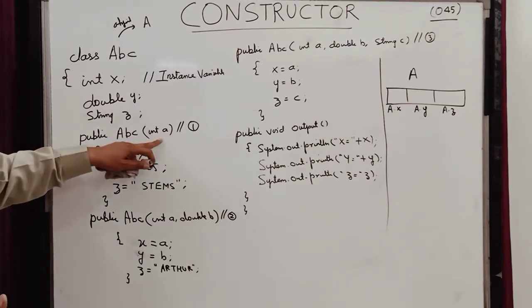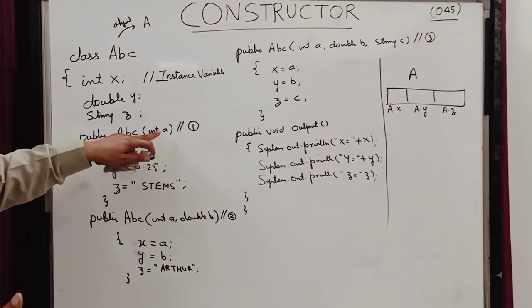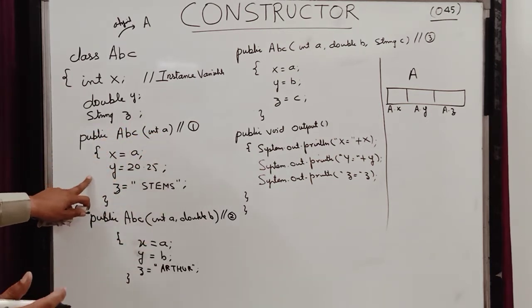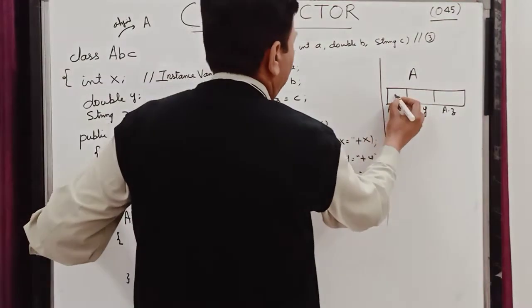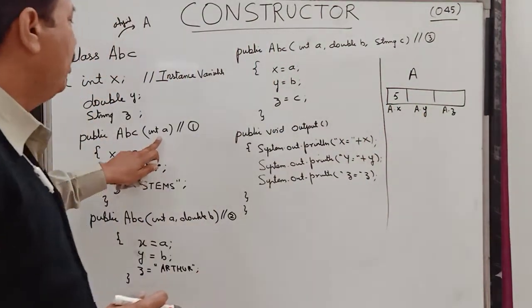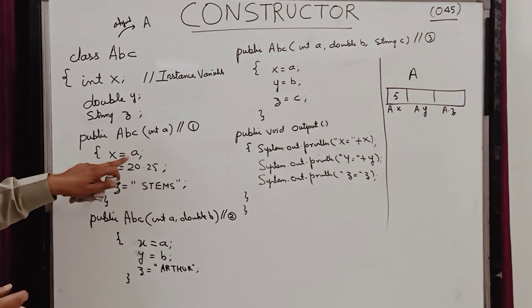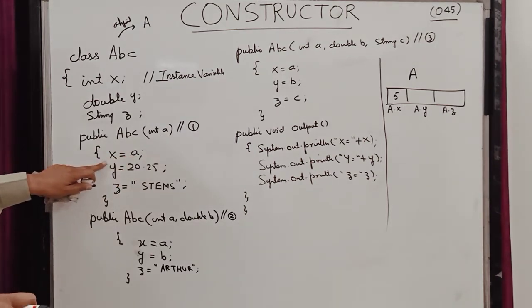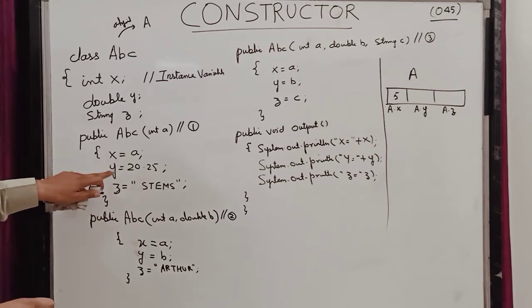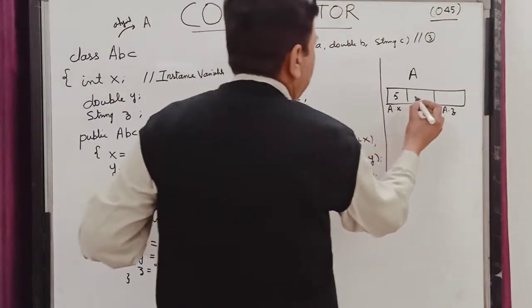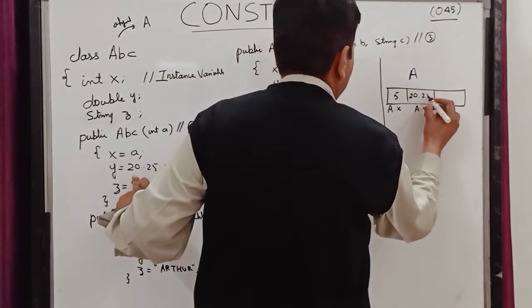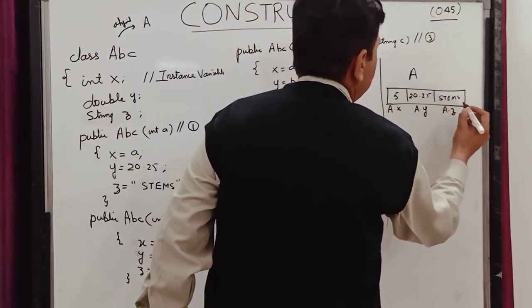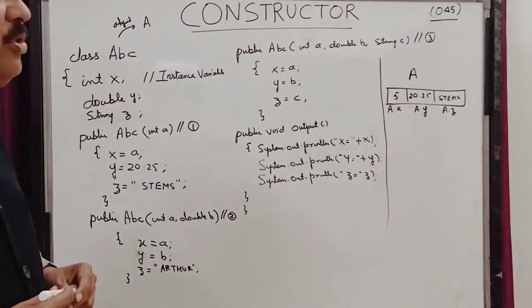And children, if I enter a value, say 5, to a and I create my object with this constructor, then my value will become 5. Since I have entered 5 in a, this value gets stored in x, which is the instance variable of a. The y value, a dot y, will store 20.25, and a dot z is going to store the value "stems". So I create this object with this.